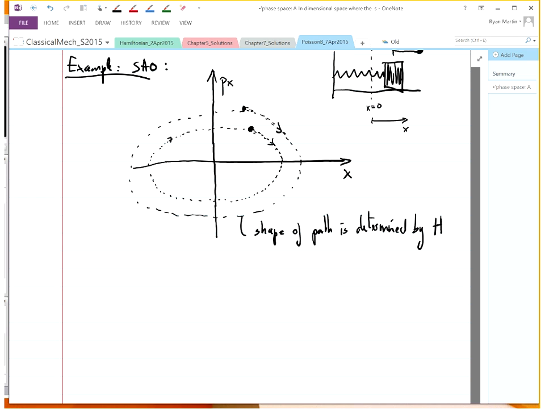Because that's not reversible, right? If two different paths cross, that means that there's a point in phase space where you don't know where you came from. And that's not possible, or at least that would not be a complete description of the system, but we know that this is a complete description of the system. So it's not possible for two different systems to arrive at the same point, because that's not reversible.